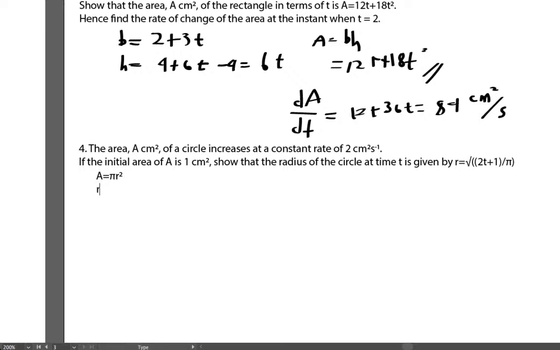You could write that r equals the square root of A over pi. So that's what I figured, and all I need to do is figure out what A is.